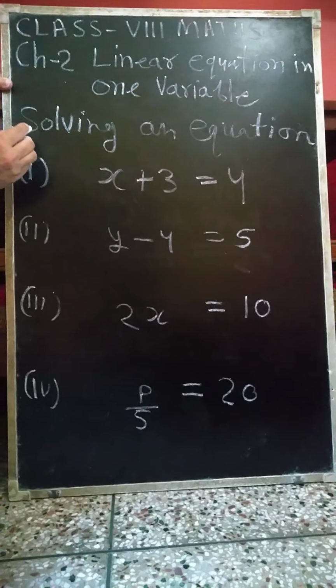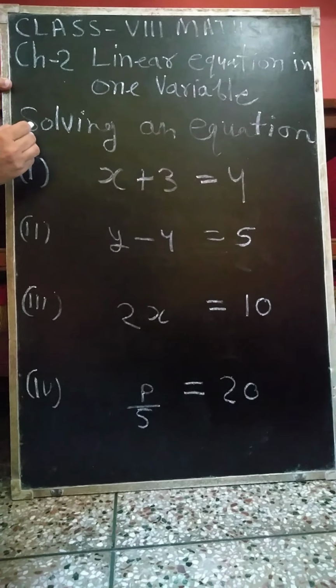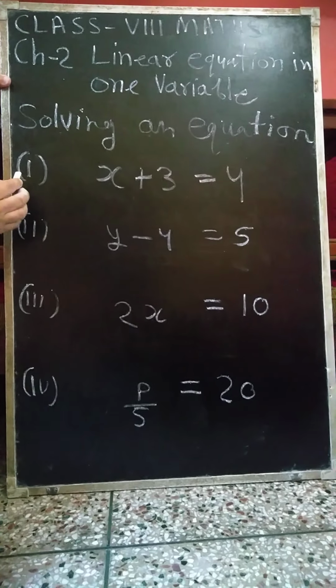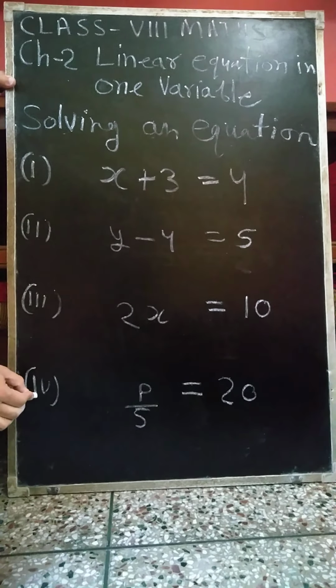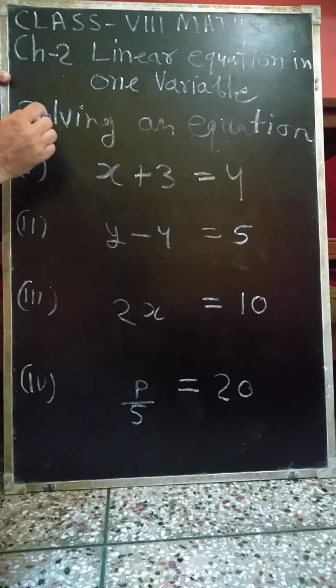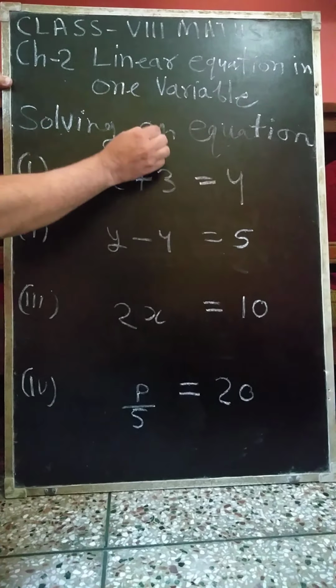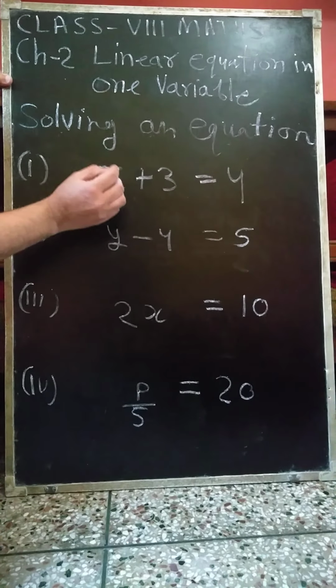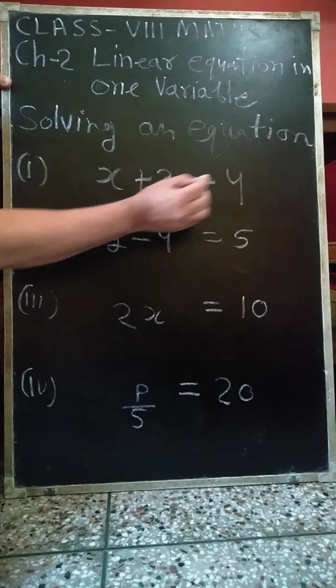Okay students, now rules for solving an equation. Here 4 equations are written one by one. I will explain the rule for solving an equation. Okay, the first situation is x plus 3 equal to 4.